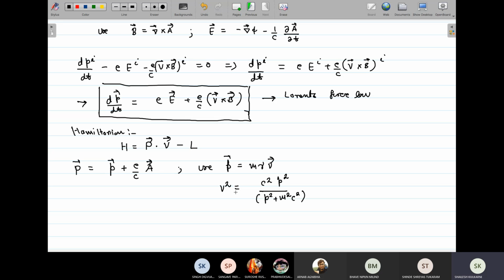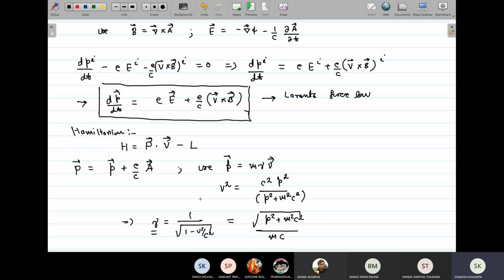Use this relation and square it. So this implies that gamma, which is 1 over square root of 1 minus V square divided by C square, is equal to square root of p square plus M square C square divided by MC. This is what you are going to get for gamma.